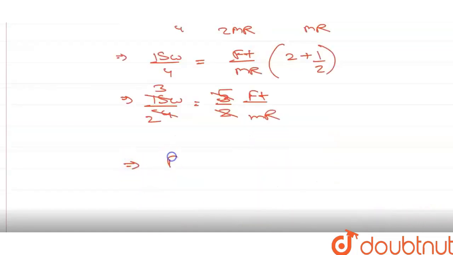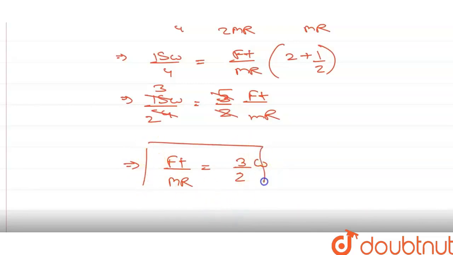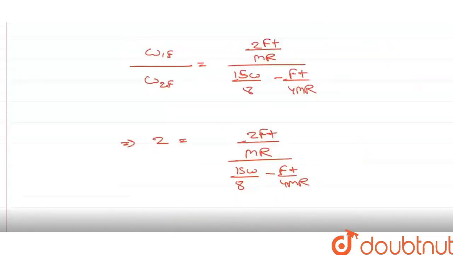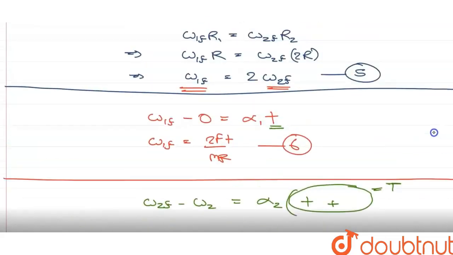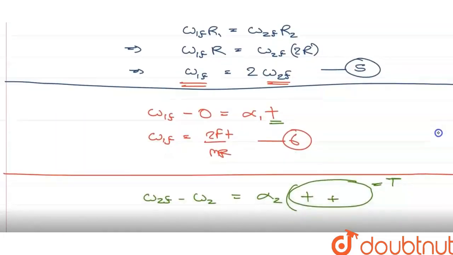So ft by mr is equal to 3 by 2 times omega. This is our equation number 8. Now I'll put it in equation number 6 to find the value of omega 1 final.